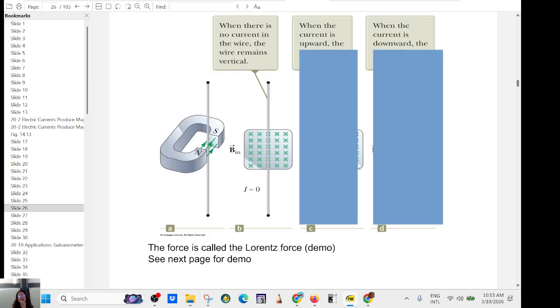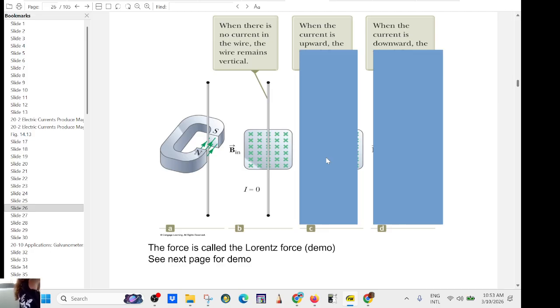Let's do the pop quiz. Let's try this one. Conceptual question. Which way is it gonna go? The current is up. Where is the magnetic field? Magnetic field cross means into the board.